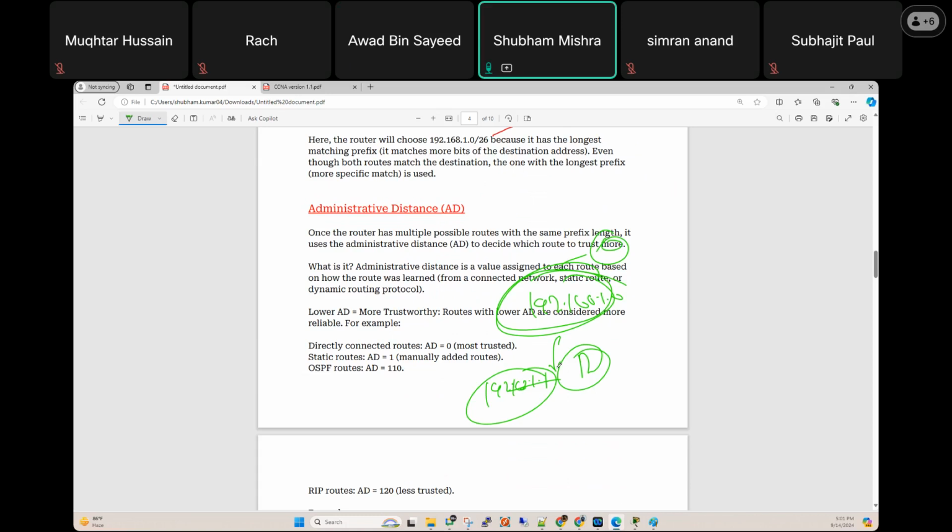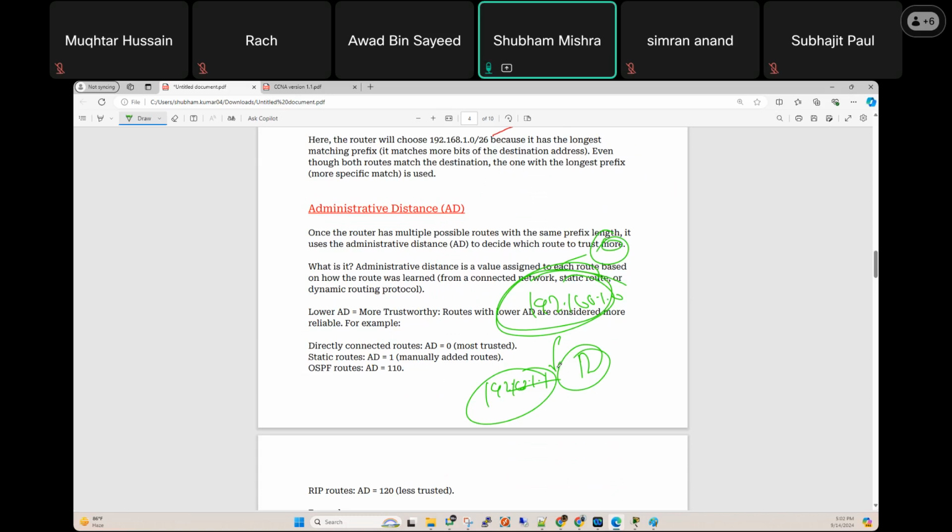So that's the reason for a directly connected network, the AD value is always 0, because this is the most trusted network. Because these networks are directly connected. Are you clear, everyone?